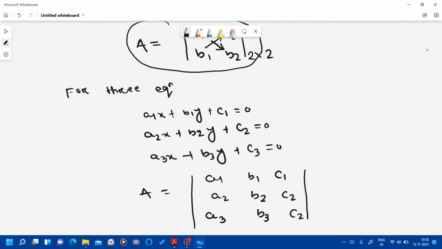This is the required determinant of these three equations, and it determines the solution of these equations, whether the solution exists or not.